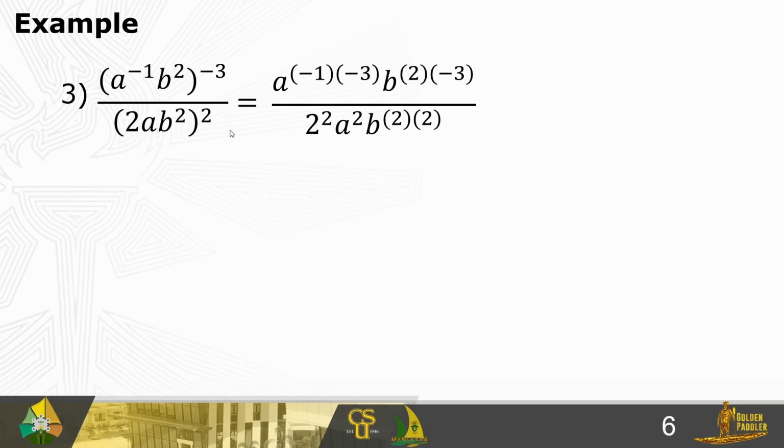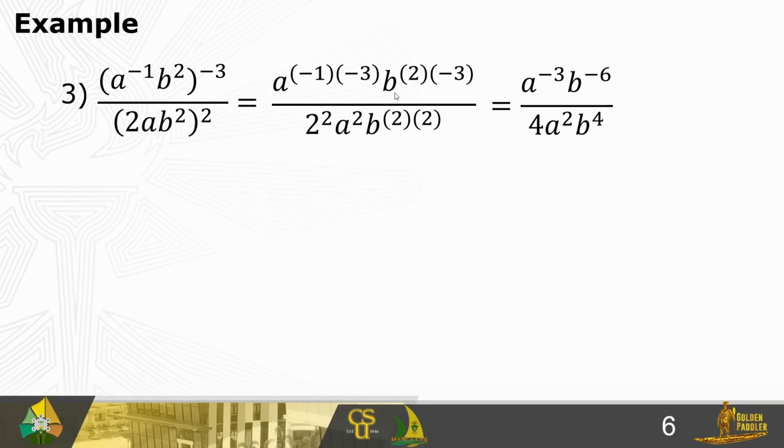And simplifying that expression, we have a to the power of negative 3 times b to the power of negative 6 all over 4a squared b to the power of 4.